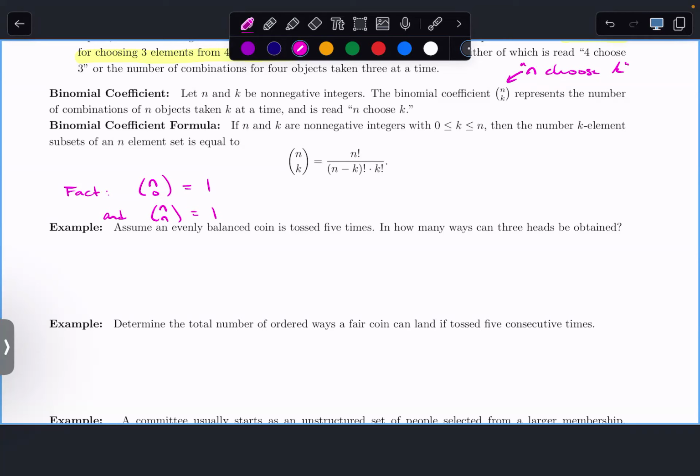Let's think about a coin. So we've got an evenly balanced coin and it's tossed 5 times. How many ways can 3 heads be obtained?